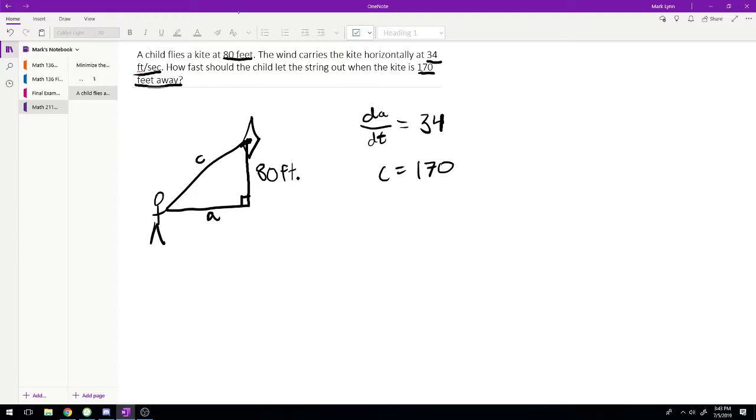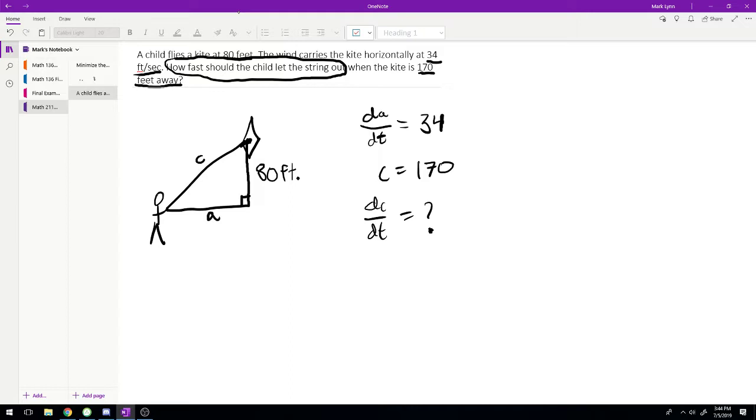We're trying to figure out how fast the child should let the string out. The string is also the c value, and since it's asking how fast, we're trying to solve for dc/dt, the change in the string's length over time. That's ultimately what we're trying to find out. So those are the pieces of information that we know and that we're trying to find out.